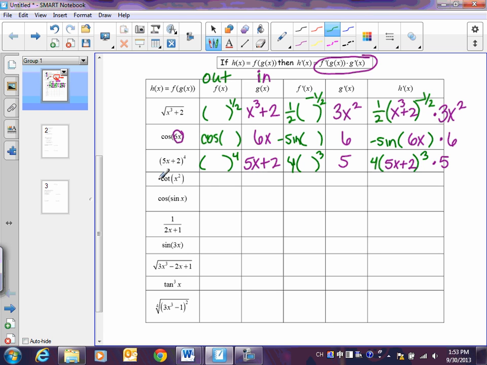What's the outside function? Cotangent. Cotangent of something. Okay, the inside then would definitely be x squared. What's the derivative of cotangent? Negative cosecant. So the derivative of tangent is secant squared, so the derivative of cotangent is negative cosecant squared of something.